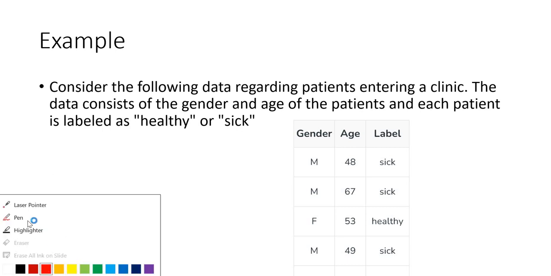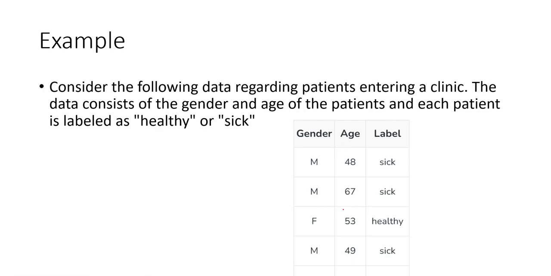The second patient is male, 67 years old and also sick. The third patient is female, 53 years old and labeled as healthy. It's very simple, and so on.